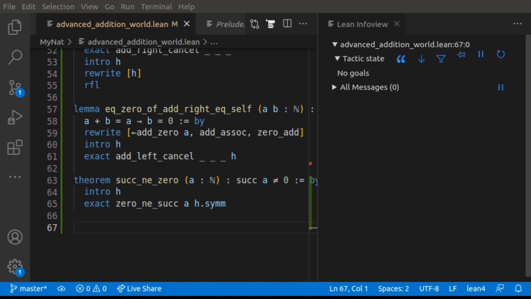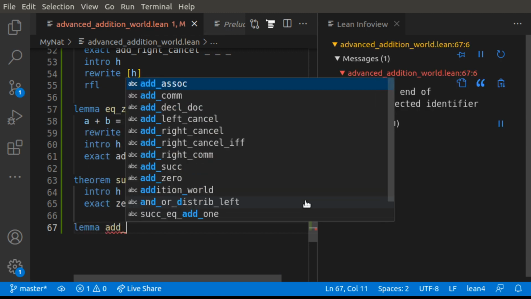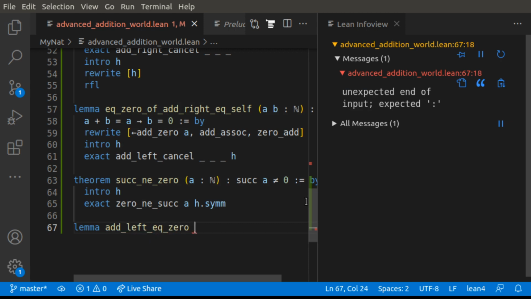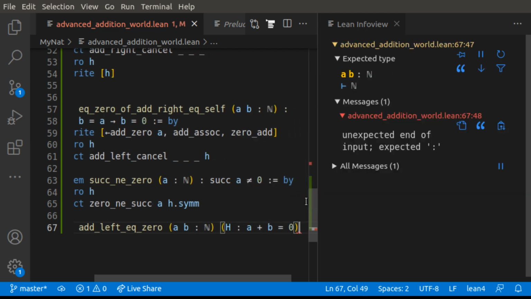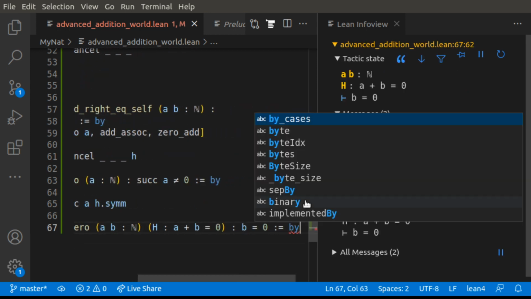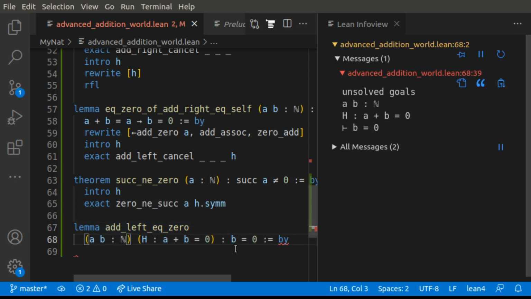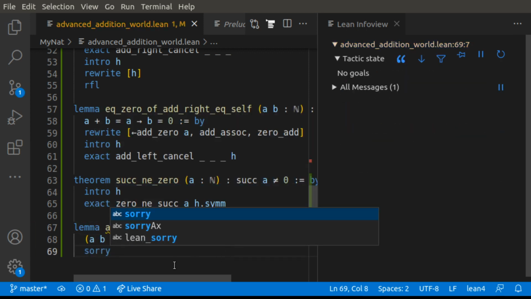Oh gosh, okay, let's just try to prove it on our own, and then we can see if we need these new concepts. Okay, add left equals 0, a, b are natural numbers, h is defined to be a plus b equals 0, b equals 0. By what? It's a little far off the screen, so can I move this down here? Yes. Sorry.